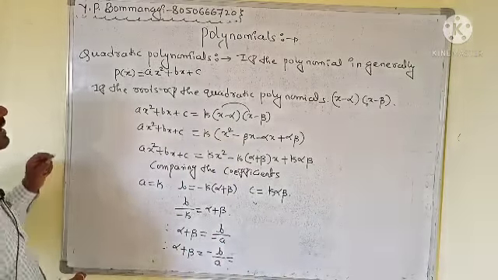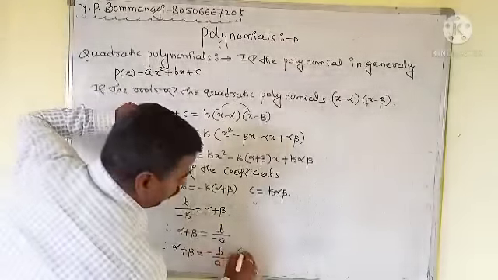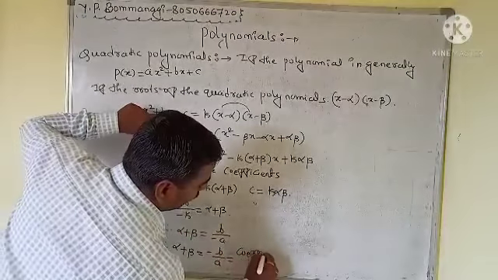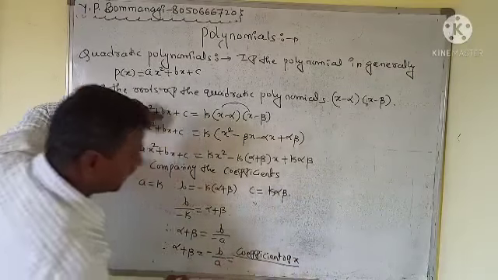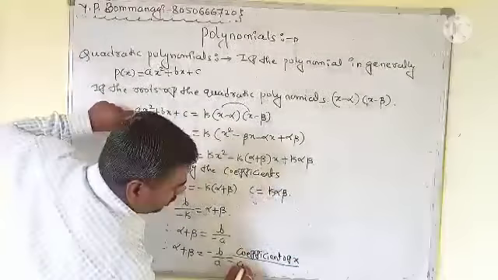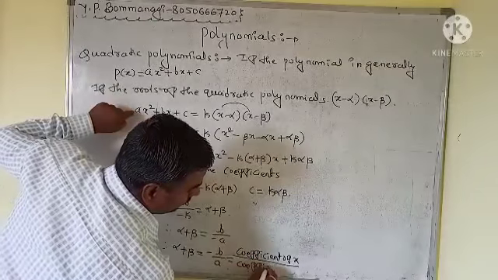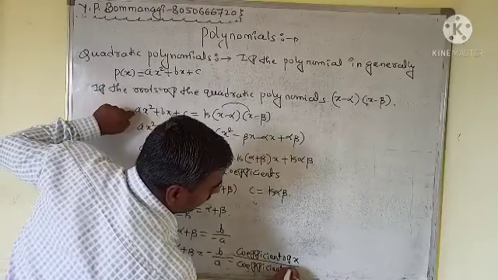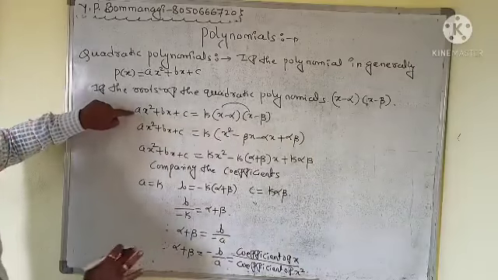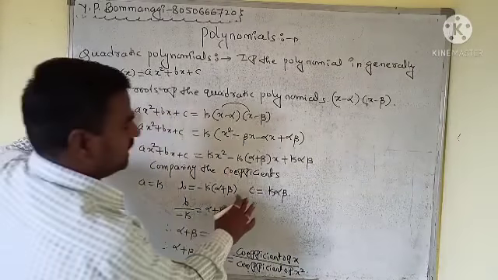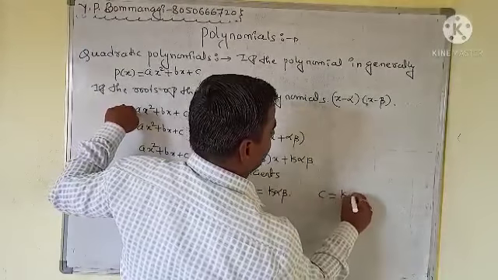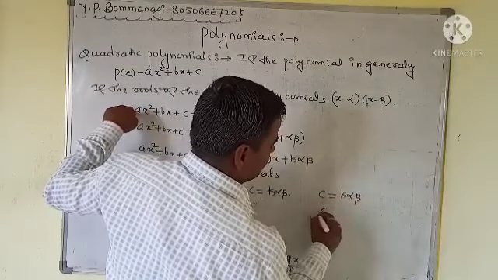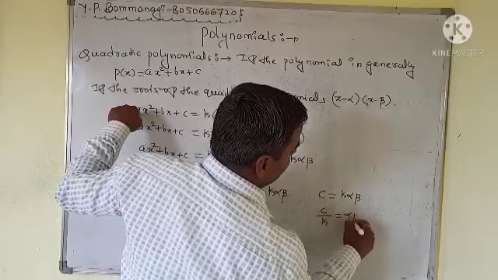What do you mean by b? B means the coefficient of x. And what do you mean by a? The coefficient of x square, right? This is a complete expression. Third, here we take c is equal to k alpha beta. You can take c by k is equal to alpha beta.